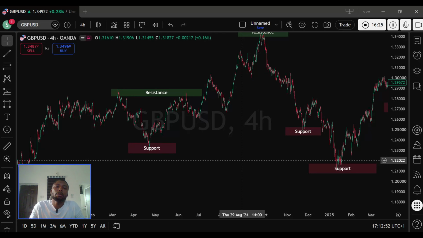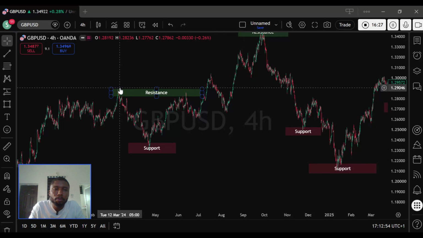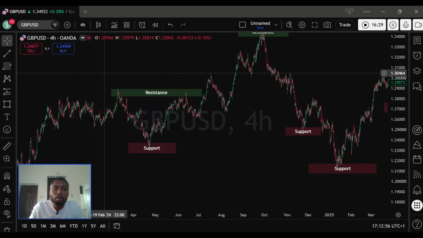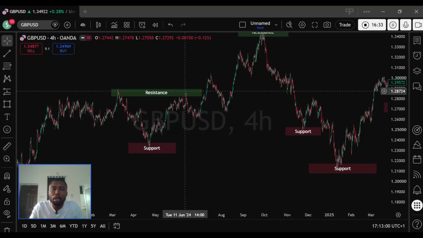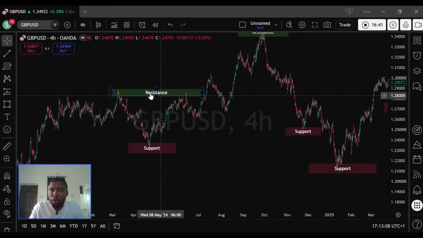Yep. See, price got here, couldn't go further up, came down to create a support here, came back again to this zone, couldn't break further up, which makes this zone very strong. The more price touches a particular zone and couldn't break it, the stronger it becomes.